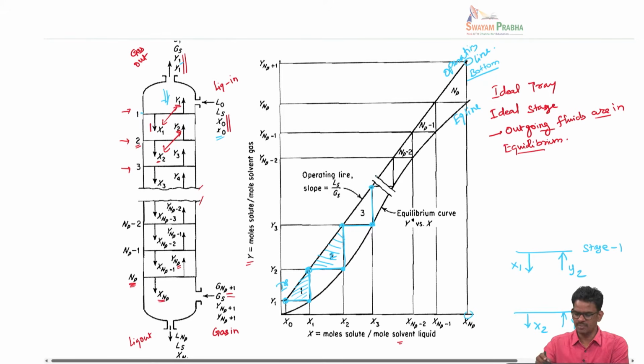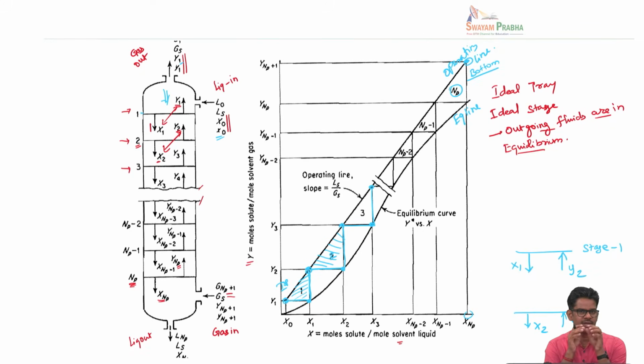You continue this operation, and when you get to the top of this line, the composition corresponding to the bottom would be your NP. So this method is very simple. All you need to know is the equilibrium line and the operating line, which you can get by doing a mole balance, and then you can do this staircase construction to get the number of equilibrium stages.